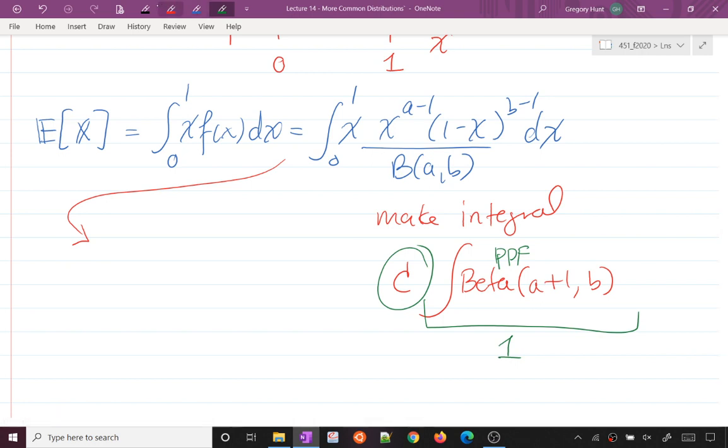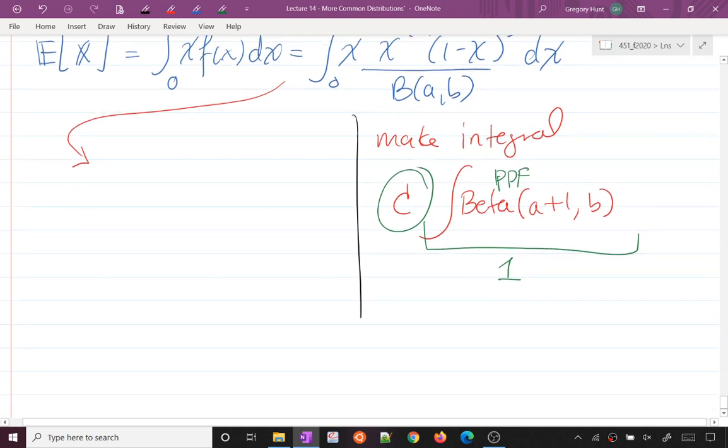Okay, the same trick we played over and over again. So I want to make it look like a beta(a+1, b). So the PDF of a beta(a+1, b) would have the following form. Let's just write it out.